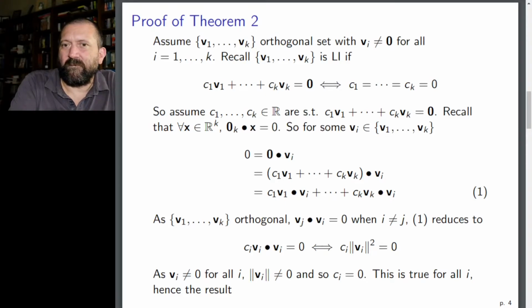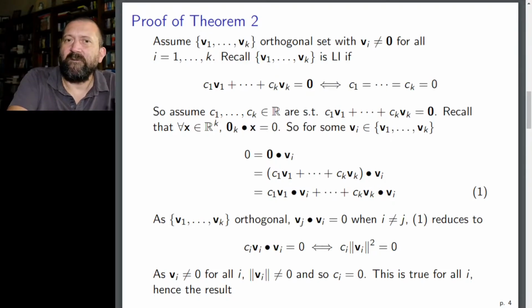Okay, so in this expression, whenever k is not equal to i, or here that i is not equal to 1, all these terms disappear. So this equation reduces to the only one that is not disappearing, Vi dot Vi. Okay, so I get Ci times Vi dot Vi is equal to the number 0.